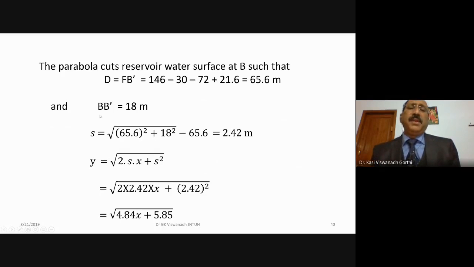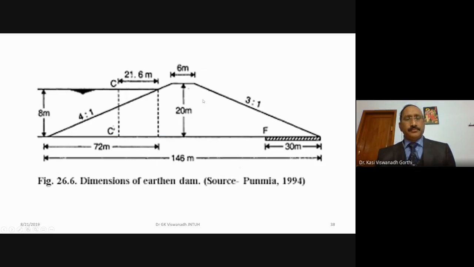So the parabola cuts the reservoir water surface at B, such that you have the point 146 minus 30 minus 72. We will see where the location of this B is from the figure.